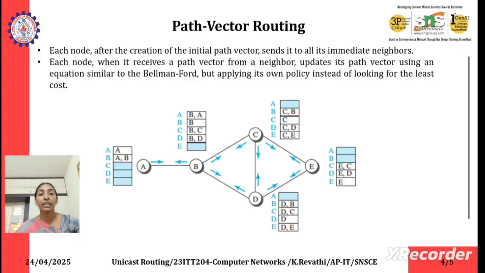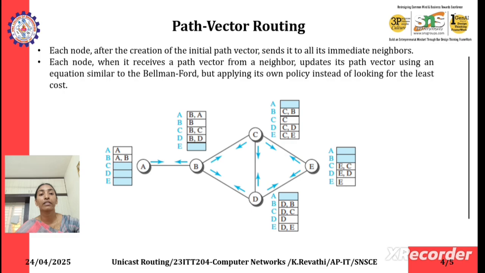So it can be denoted in the routing table like B is the source node and A is the destination node, B is the source and destination, B is the source node and C is the immediate neighbor node, and B is the source node and D is the immediate neighbor node. There is no direct path between the B and E systems, so it is denoted as unknown distance.